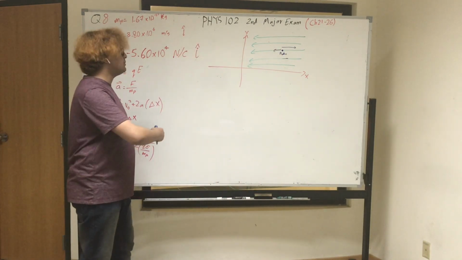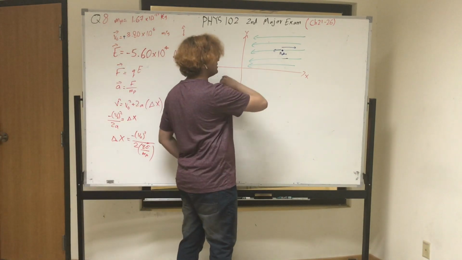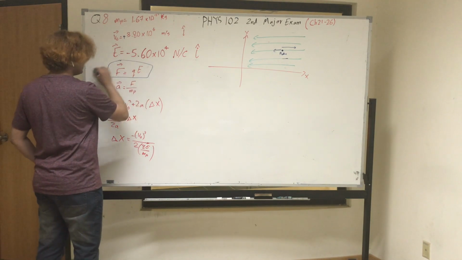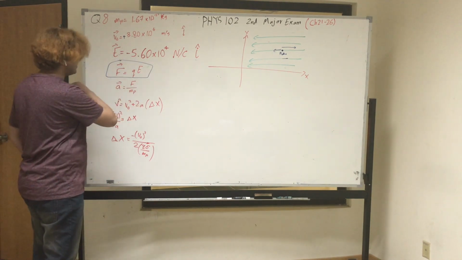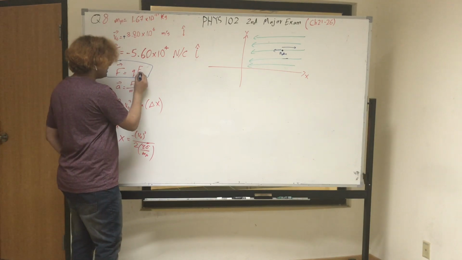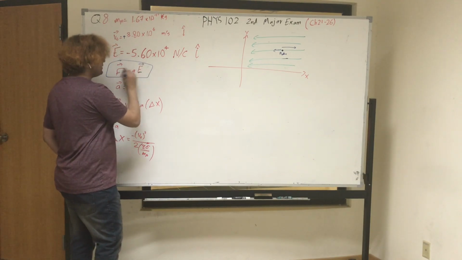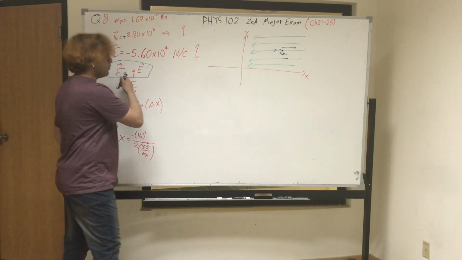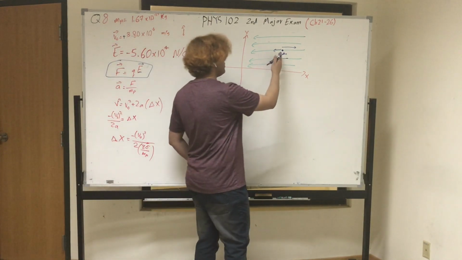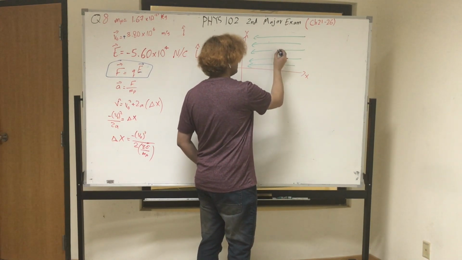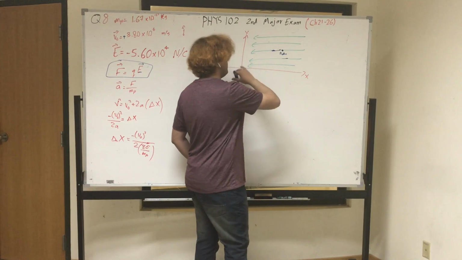The force exerted by the electric field on any charge in the electric field is expressed in this equation. The force is equal to Q times the electric field, where the electric field is a vector. If the charge was negative, then the force would be in the opposite direction of the electric field.